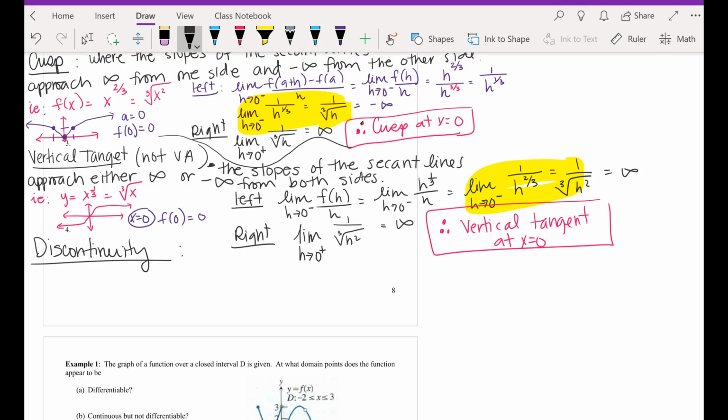Okay, so discontinuity, by definition, will cause one or both sides' derivatives to be non-existent.